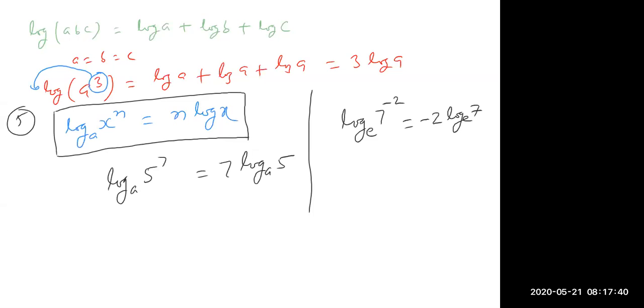Or in other words, I can say that 3 log E 5. So this reverse way I can do, this I can take here also. That means this is equal to log E 5 raised to power 3. In both ways I can write it.